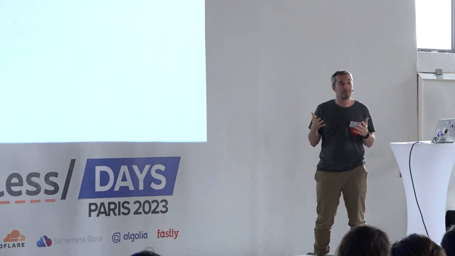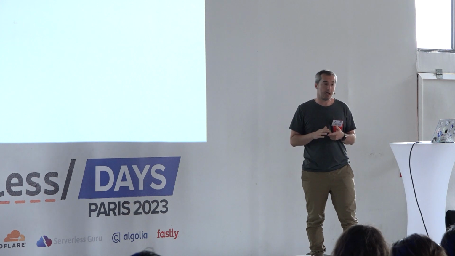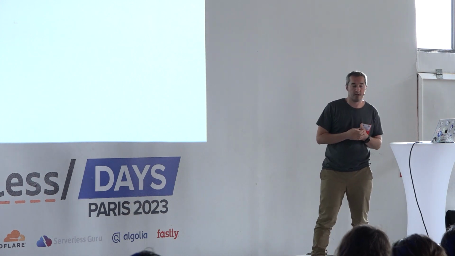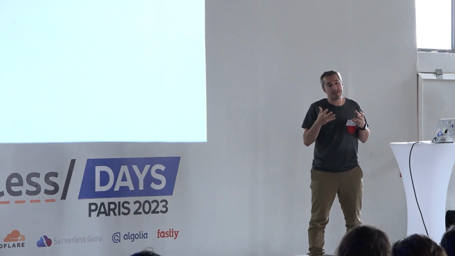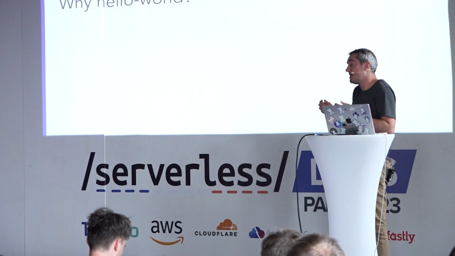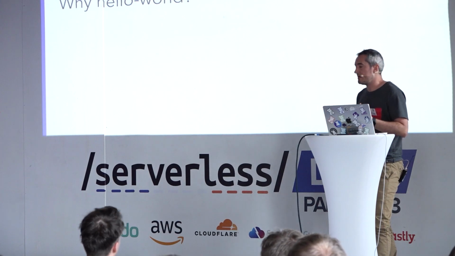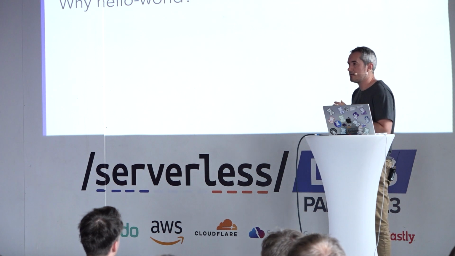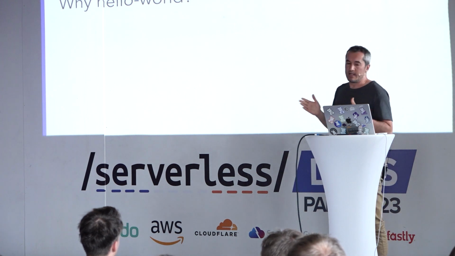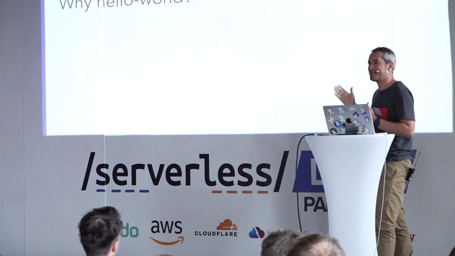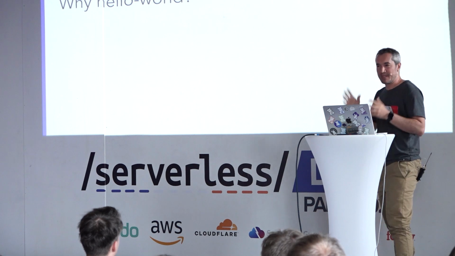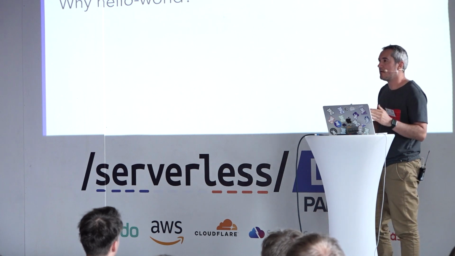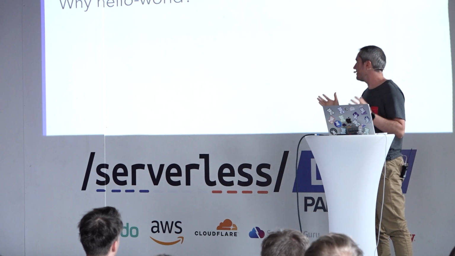Obviously, for custom runtimes, such as Rust, or even Go, which you can use on the provided runtime, you need to implement the Lambda runtime API, so you need a library. I definitely tried to choose the smallest library, but everything is open source, so if you don't trust it, you can have a look at the code. So hello world, because it's really simple. Let's compare apples with apples.